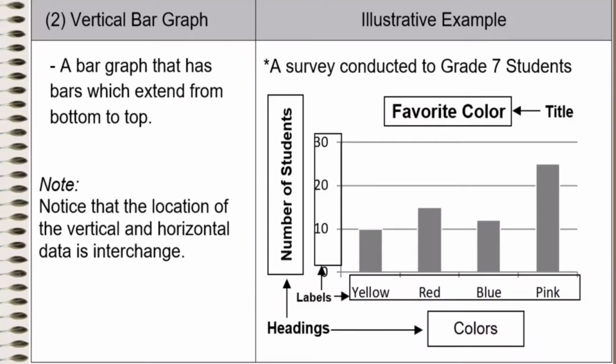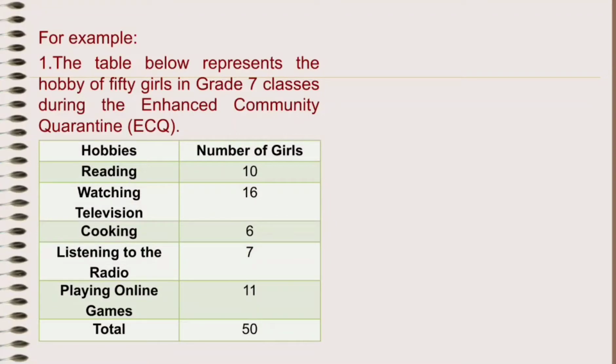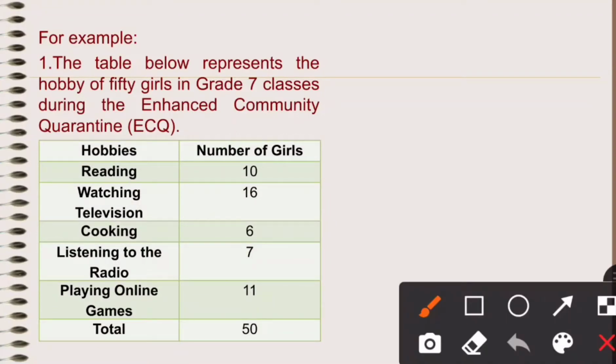Okay. Let us continue. Let's have this example. The table below represents the hobby of 50 girls in grade 7 classes during the enhanced community quarantine. These are the hobbies: reading, watching television, cooking, listening to the radio, playing online games.